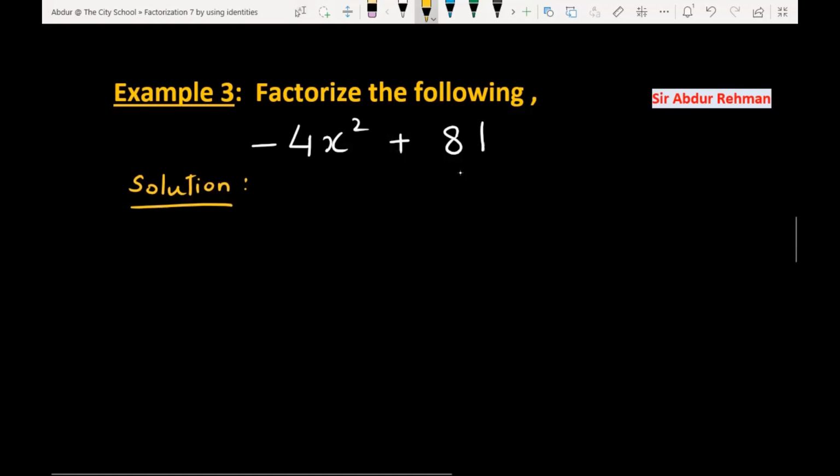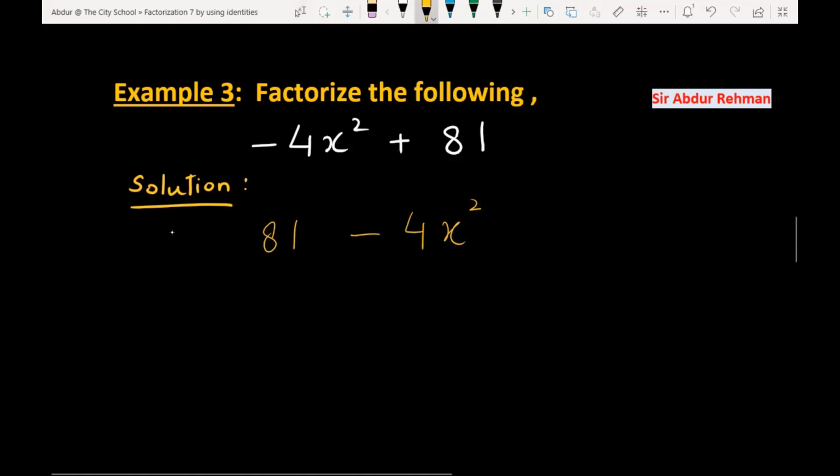I'm going to arrange. After arranging this quadratic expression, plus 81 minus 4x square. So the condition is fulfilled. The first term must be positive and the second term must be negative, and check is 81 a perfect square or not.